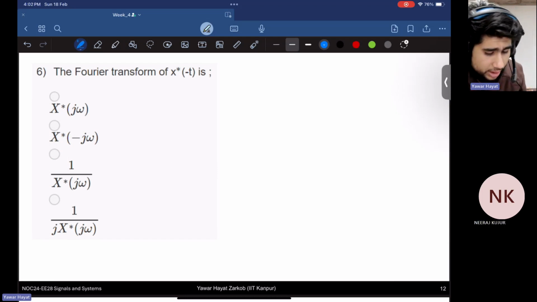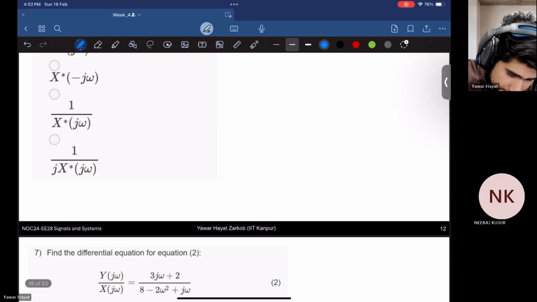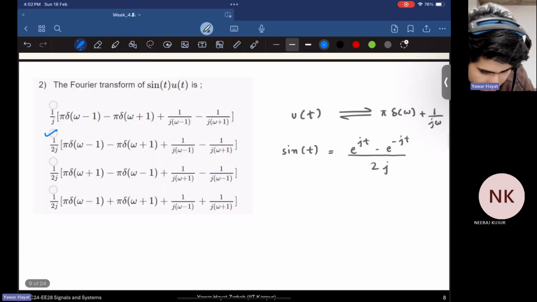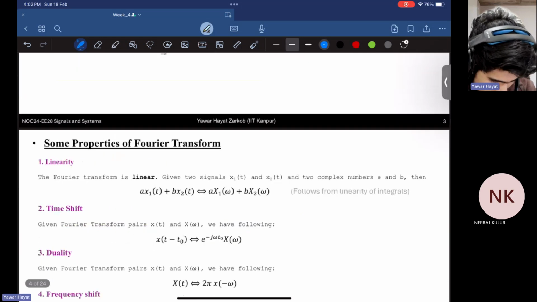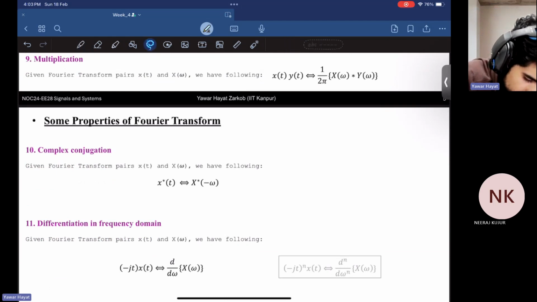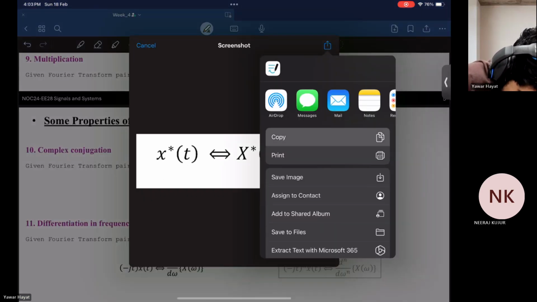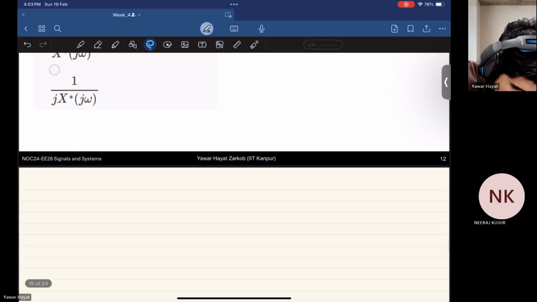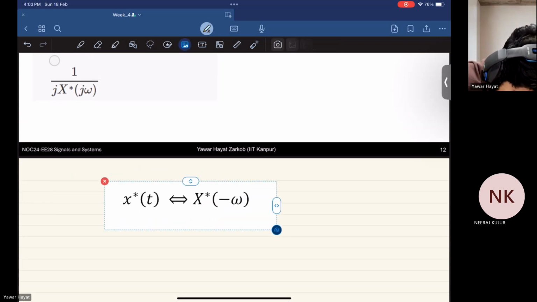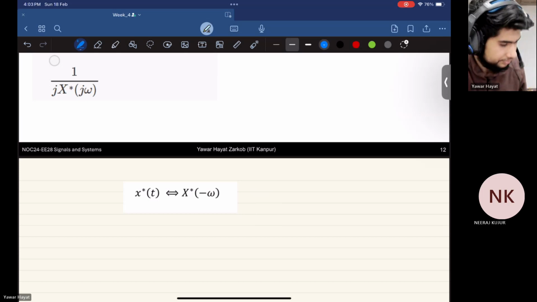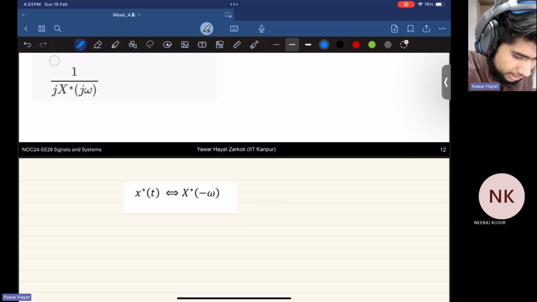So now we have the Fourier transform of x of minus t. Okay, let me give you a hint on this one and probably then you can solve it, Neeraj. We have this property.